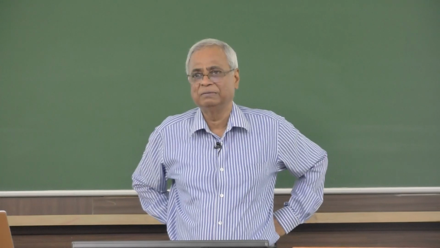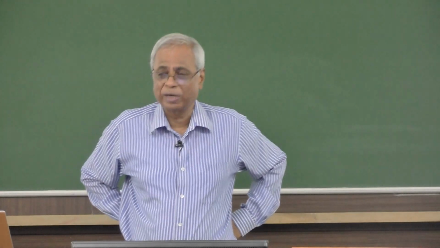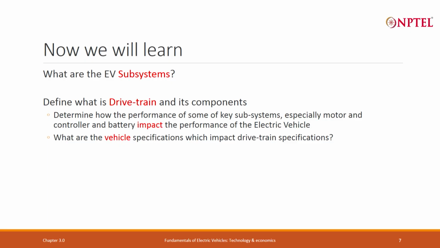What will we learn in this chapter? What are the EV subsystems? Define what is called the drivetrain and its components, and determine the performance of the key subsystems, especially motor and controller, and their impact on the performance of the electric vehicle.